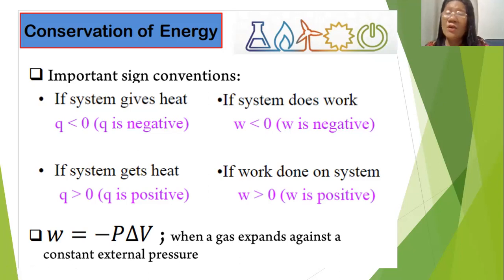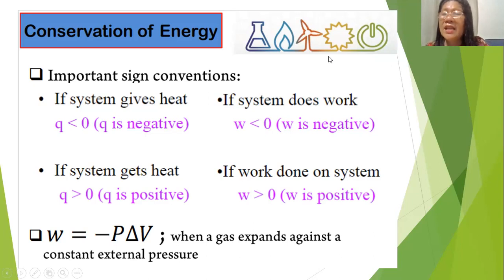But if system gets heat, meaning it is being applied with heat, it is applied with an increase in temperature, therefore your heat is greater than 0. Therefore, Q is positive. This is in the application of heat.